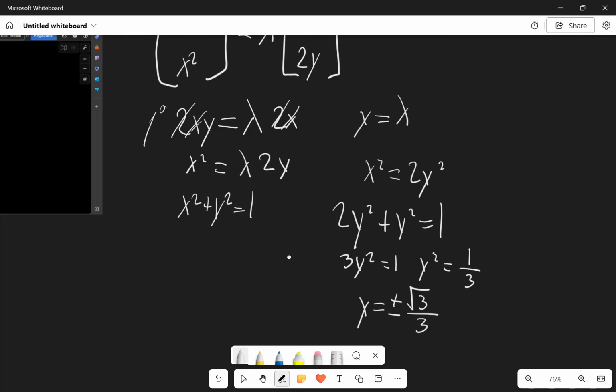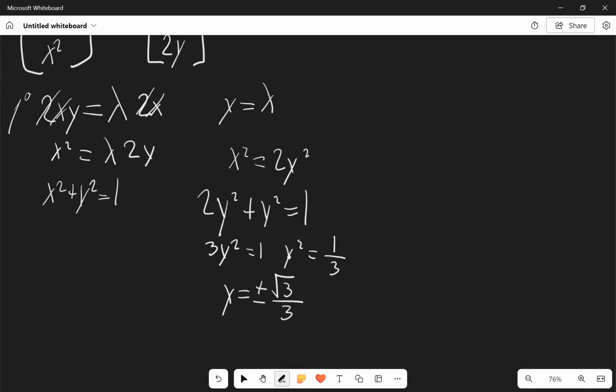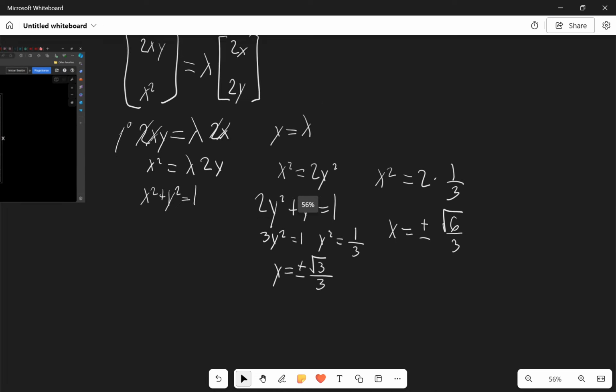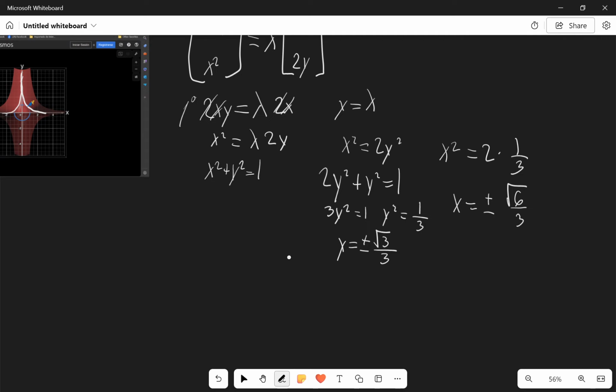We are going to be left with a positive sign, so that doesn't matter, and we can set x squared equals 2y squared, but y squared is 1 over 3, and so that means x is equal to plus or minus square root of 6 over 3. And now we just got the next point.